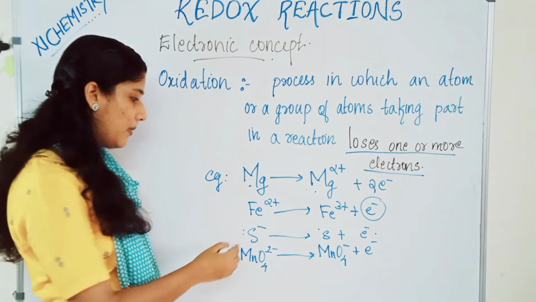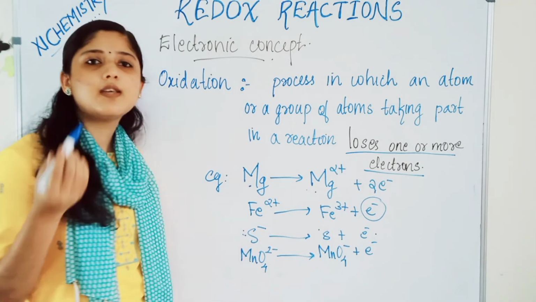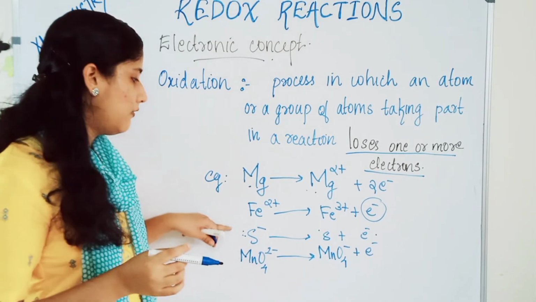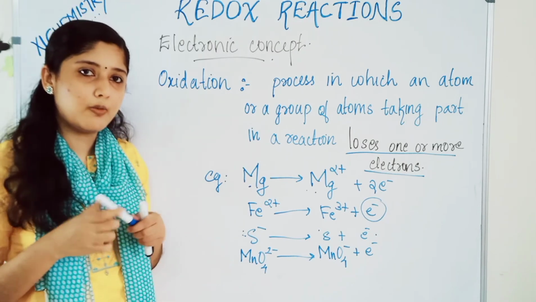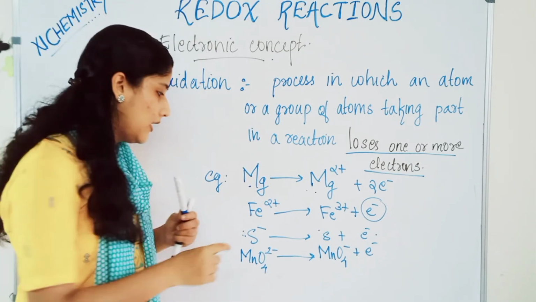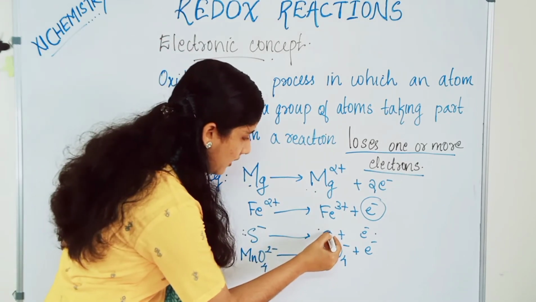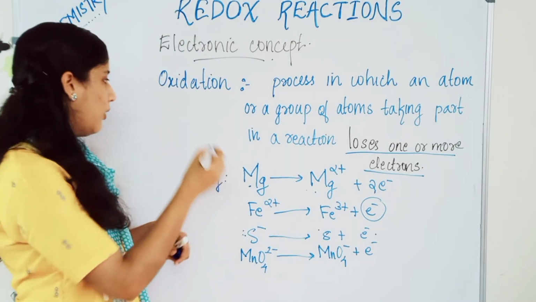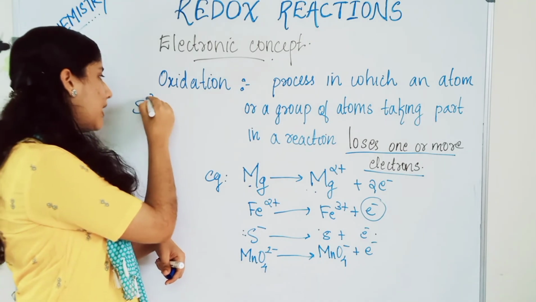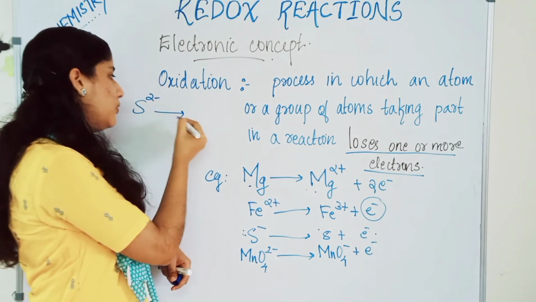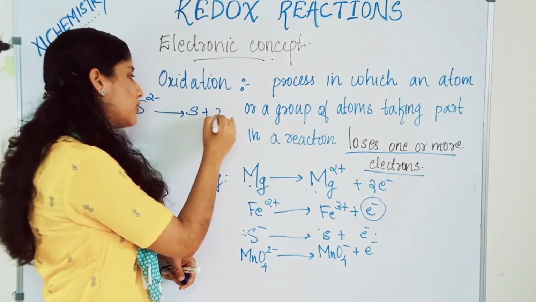Here, what happens from S-? S- is an anion, isn't it? From an anion, what happened? 1 electron is lost. So it changed to S plus e-, or the same example, S2- changed to S plus 2 electrons.